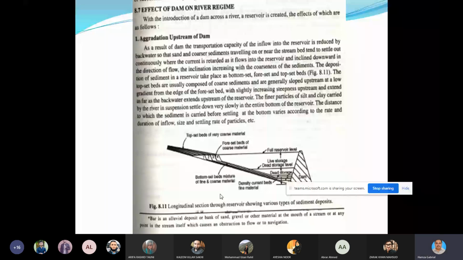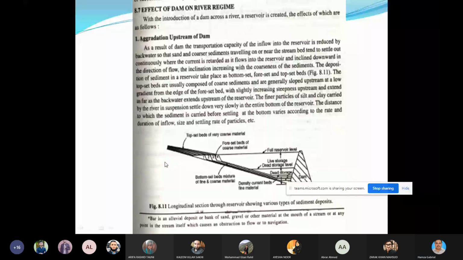On the upstream side, aggradation will start taking place. There will be deposition of sediments on the upstream side due to the obstruction created in the path of the river.